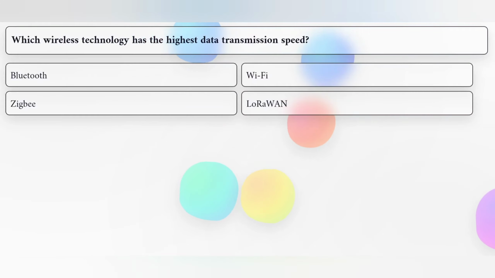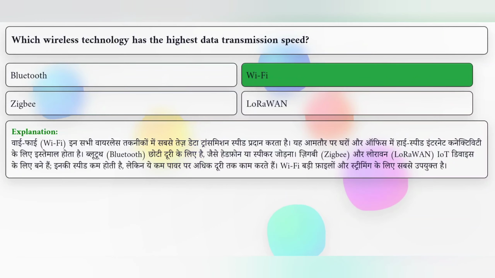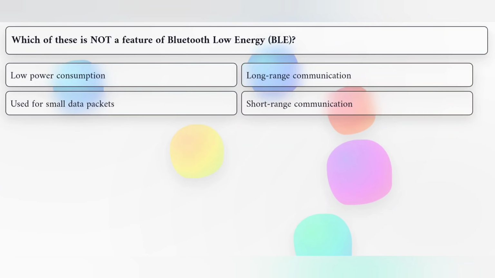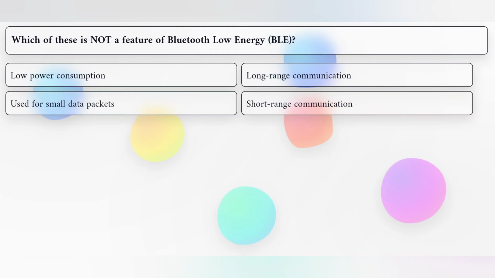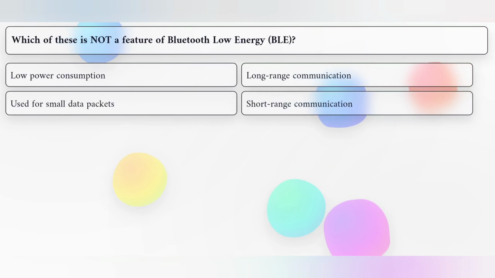Bluetooth, Wi-Fi, Zigbee, LoRaWAN. Which of these is not a feature of Bluetooth Low Energy (BLE)? Low power consumption, long-range communication, used for small data packets, short-range communication.